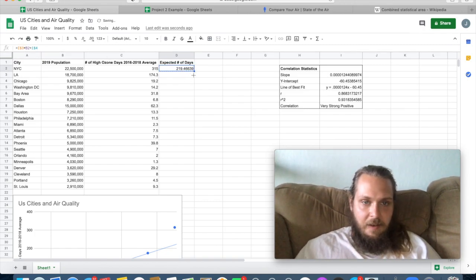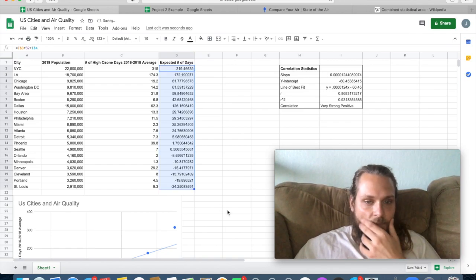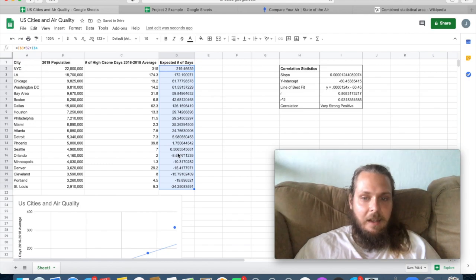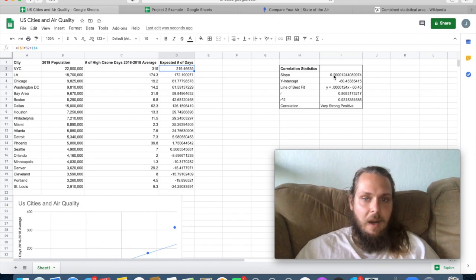So I can do that all the way down. And that tells me every single expected value, and hopefully you guys find that kind of amazing. Because all that changed in my formula was the x value we plugged in. So we have to plug in a bunch of different x's, and by keeping $ signs for the two values of the slope and the y-intercept, and then dragging down, it's going to change it.